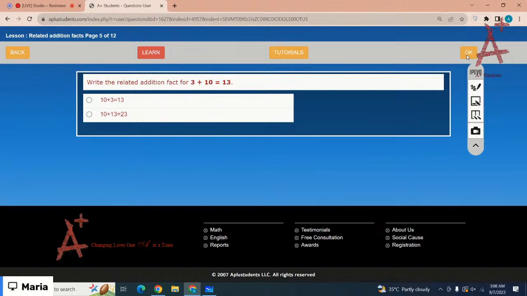Yes, either you do 3 plus 10 or you do 10 plus 3. The answer is exactly the same. So option number 1 is the correct option.